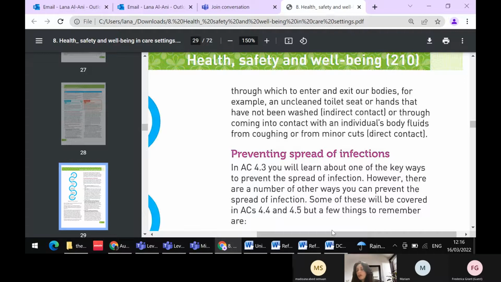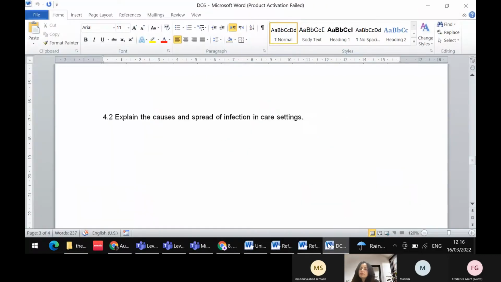It might have any type of disease, viruses. So all these are ways to spread diseases and illnesses in the care setting.